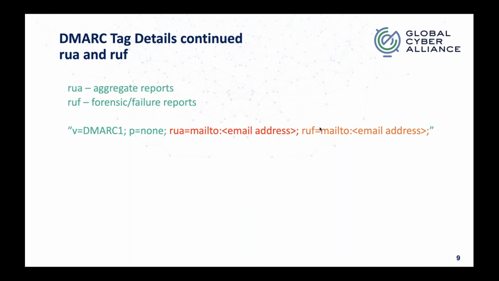Some example forensic failure reports that I've seen, a lot of times I see out of office messages, or a lot of times bounce back messages, but there are cases where I've seen invoices. So it's an invoice, and you probably don't want the IT admin or the email admin or whoever is going to be responsible for these DMARC reports to see those kinds of things, right? Because it becomes a privacy concern.